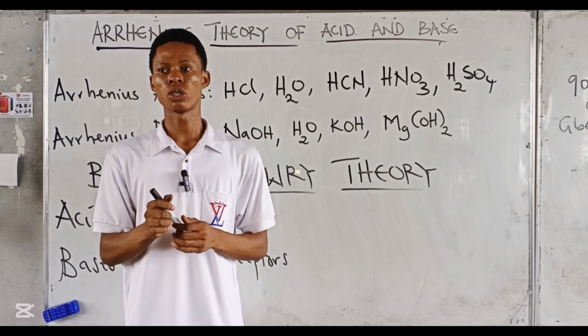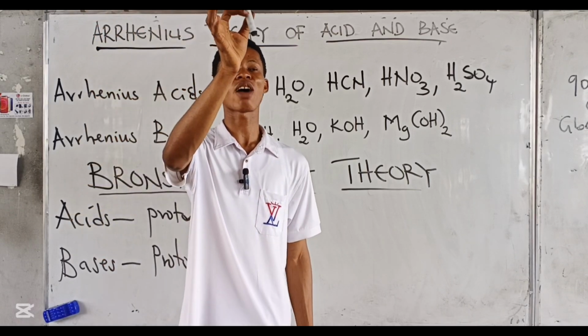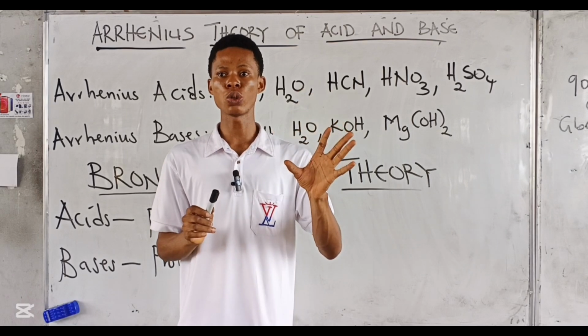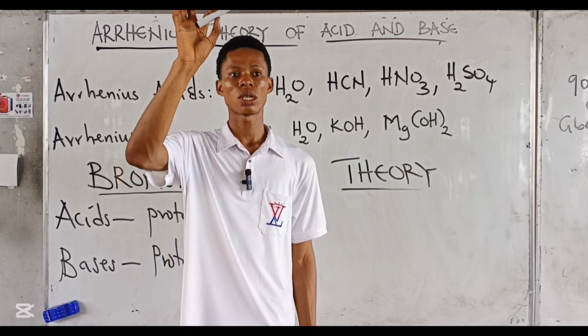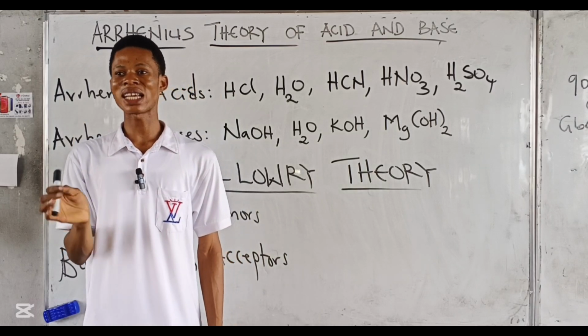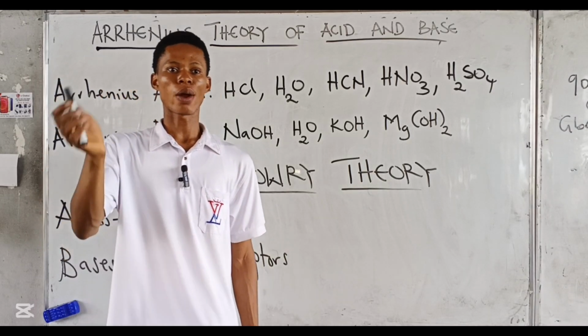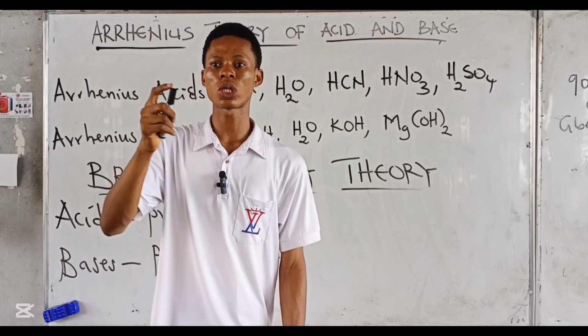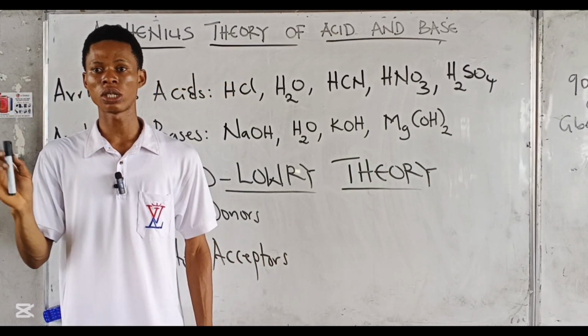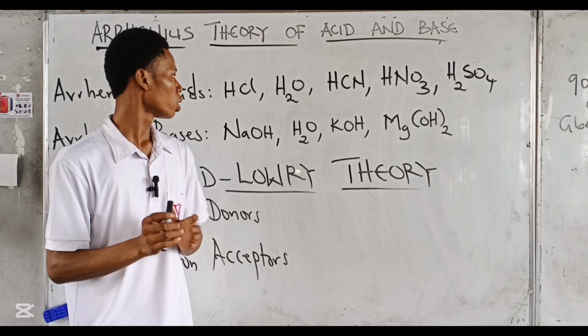Hydrogen ion in solution. So if this substance I have here, if I put it in water and hydrogen ion is produced, this substance is Arrhenius what? Acid. Now Arrhenius defined a base as any substance that when dissolved in water produces what? Hydroxide ion. That's OH minus ion as the only negative ion.